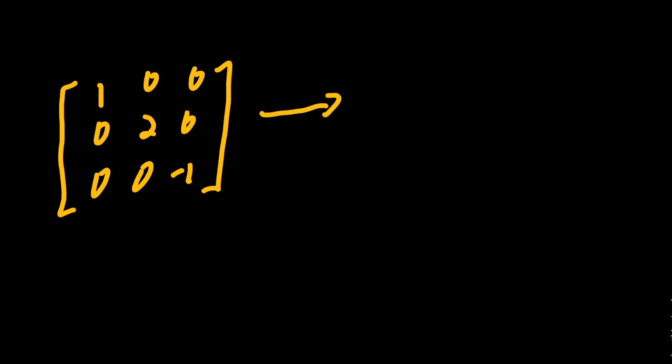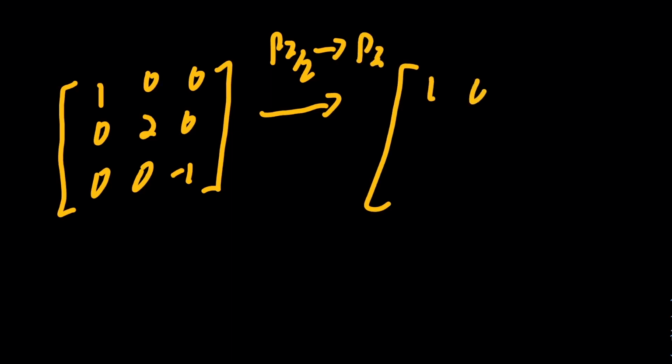And if we convert this matrix to an identity matrix, well, let's give it a shot. So, first off, the second row was divided by 2. And therefore we have 1, 0, 0, 0, 0, negative 1, and 0, 1, 0.